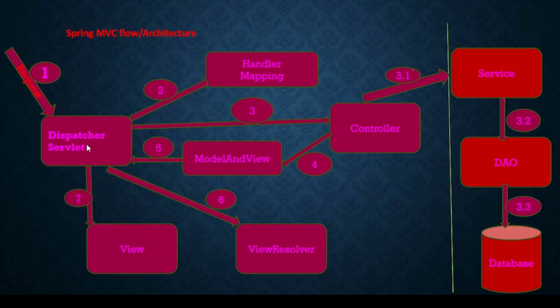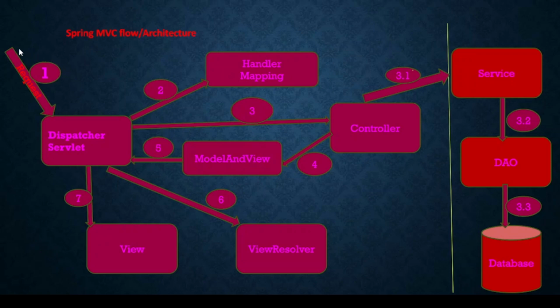Once the dispatcher servlet gets the physical view, it will render the data to the view. If it is home.jsp, it will populate the data in the corresponding view page. That response will be sent back to the user who requested the particular data. I hope this is clear.